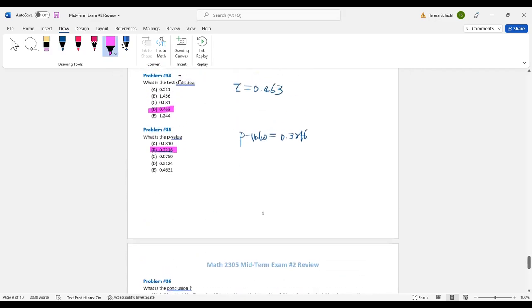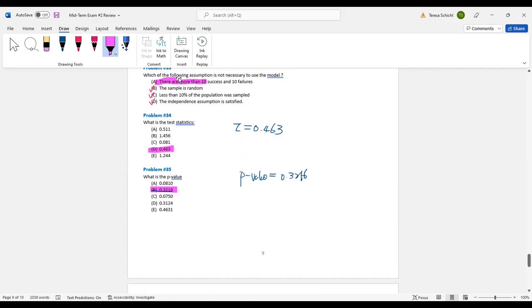Now the conclusion. Like I said, I typically don't want to look at the conclusion before I make the decision, because then it will confuse me. So in here, the p-value is 0.3216. It's pretty big, right? It's bigger than our typical 0.05, which is my significance level.